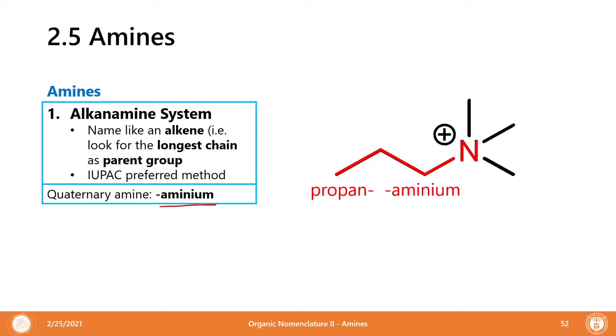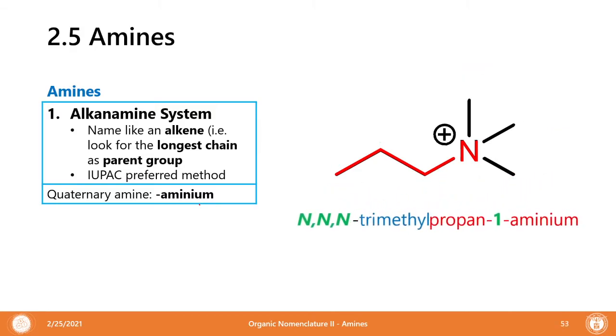We have propan-ammonium, 3 carbons in the parent chain. We have 3 methyl groups, and at position N, those methyl groups are connected, and we set number 1 at the nitrogen atom, at the alpha carbon to the nitrogen atom. Then when we assemble the name, we get N,N,N-trimethylpropan-1-ammonium.